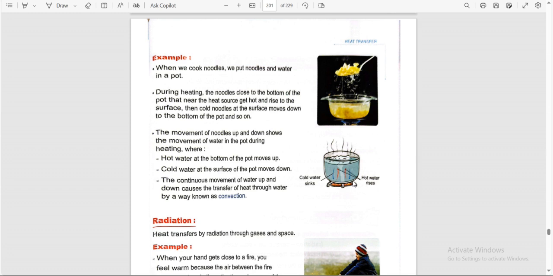But now the hot water will move up, and it's going to be replaced by the cold water. So the cold water moves down. This cyclic movement, hot water going up and cold water going down, is what we call heat transfer by convection, until all of the water inside the pot is the same temperature. So this is heat transfer by convection. It happens in liquids and in gases only, not in solids.